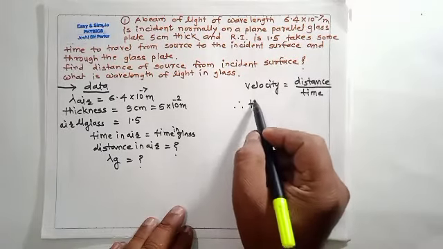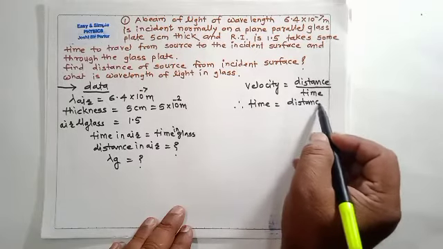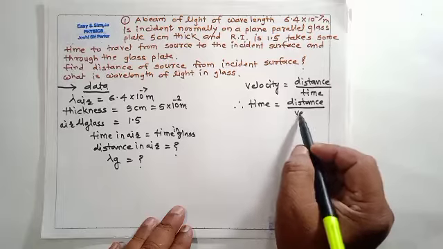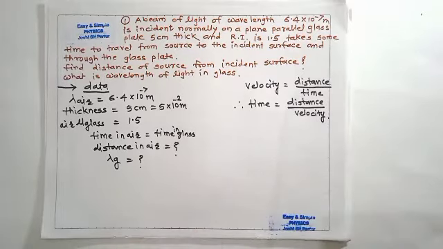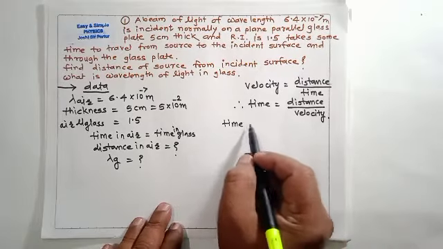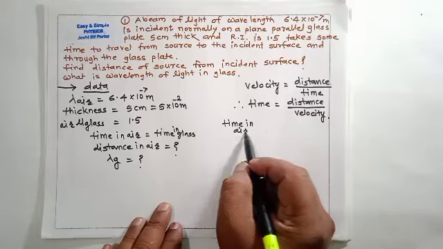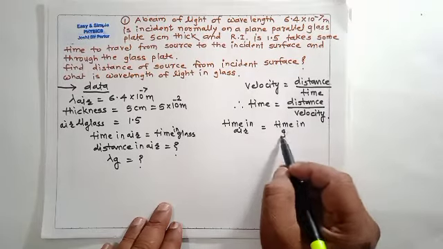Time is equal to distance divided by velocity. So the time in air is equal to the time in glass.